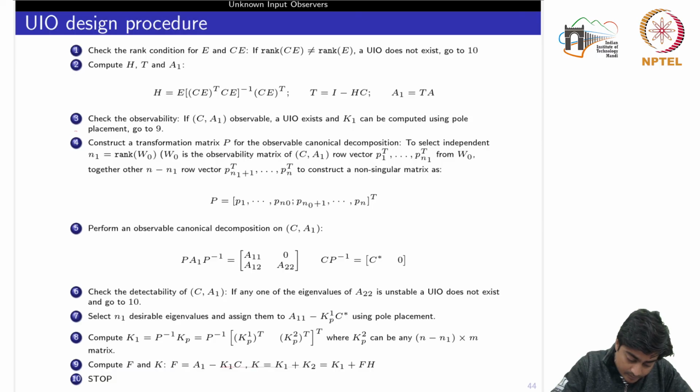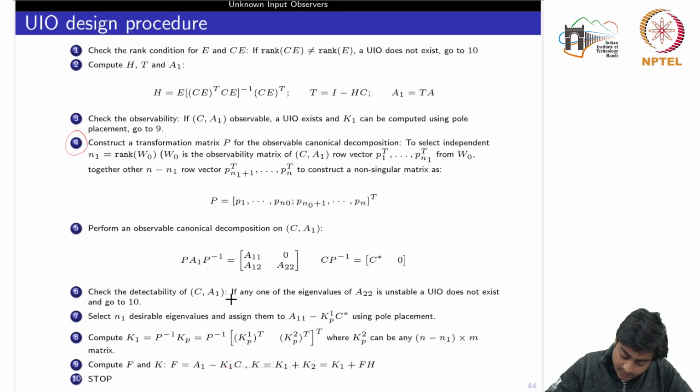Now this step 4 is basically the decomposition procedure if the pair A1, C is detectable, so that we can compute this transformation matrix P, and using that transformation matrix I can obtain the observable part of this unobservable system.